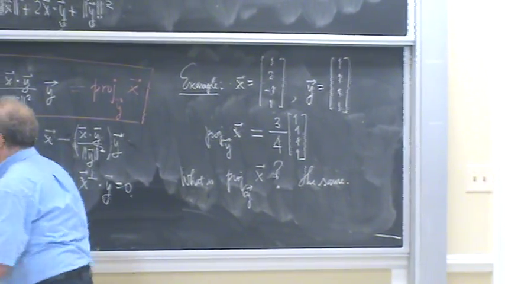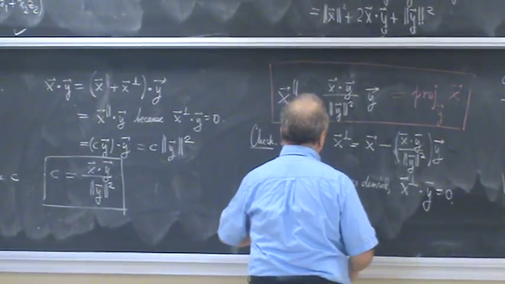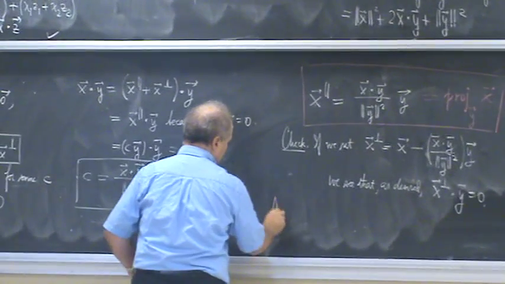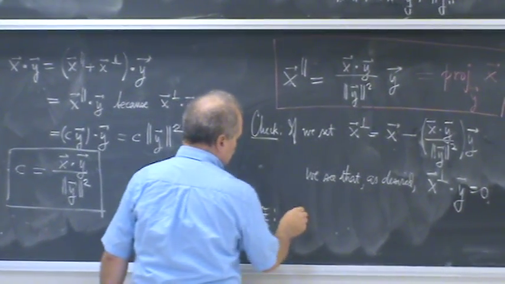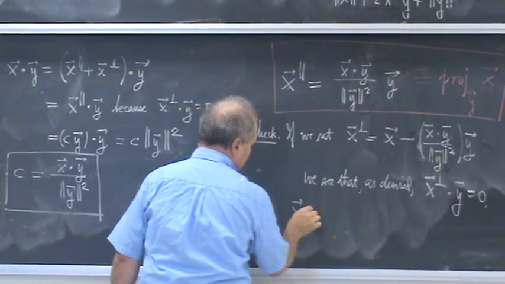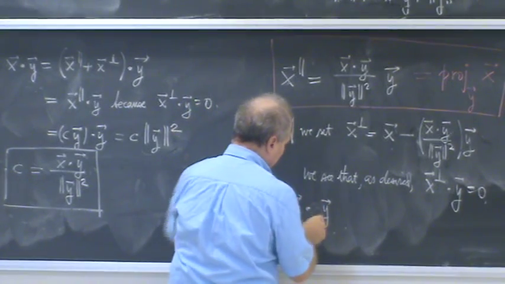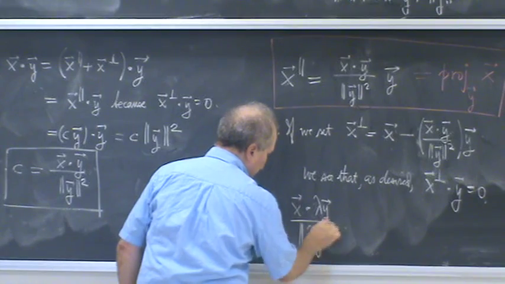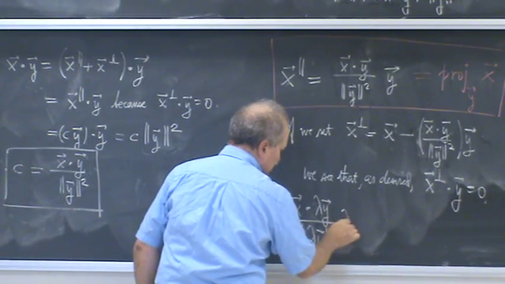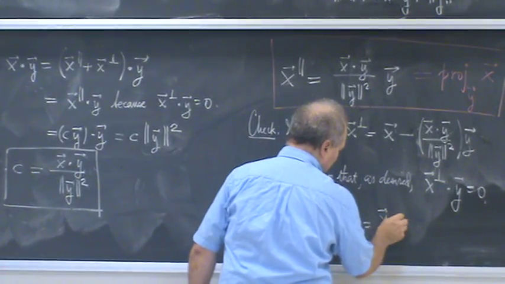So the important observation here is that if you do, let's do a different letter, lambda y, and then your magnitude of lambda y squared times lambda y, this is the same. The lambdas all cancel. We just said that.